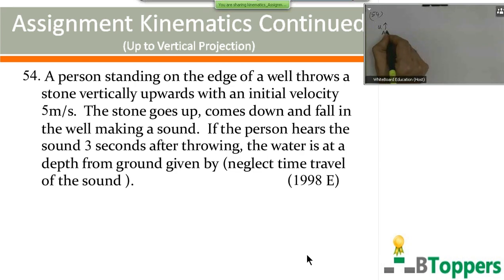Let A be the initial position of the stone from where it is projected vertically upwards with initial velocity u equal to 5 meters per second. The time taken by the stone to reach the water is 3 seconds.